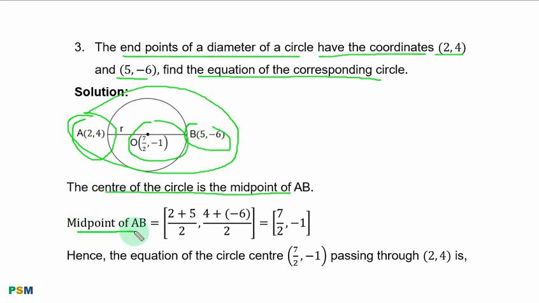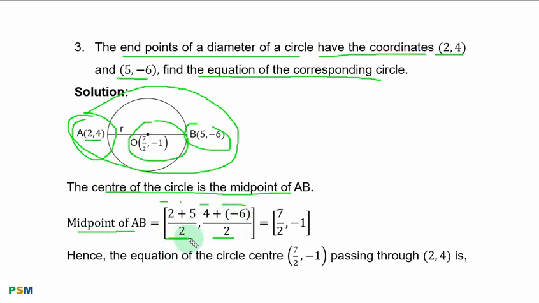Midpoint of AB is equal to: you take this first point here, in ordered pair, you have (x1, y1). You have (x2, y2). For midpoint, you have x1 plus x2 divided by 2, then y1 plus y2 divided by 2.